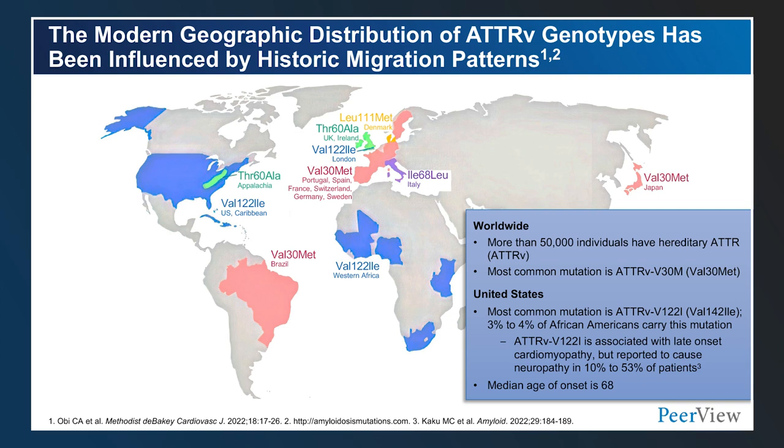The median age of onset is 68. In the United States, the second most common mutation is likely the T60A mutation, and this occurs primarily in Ireland, but there are various pockets around the world. It was previously known as the Appalachia mutation because there's a very high density, as you can see, in Appalachia in the United States.